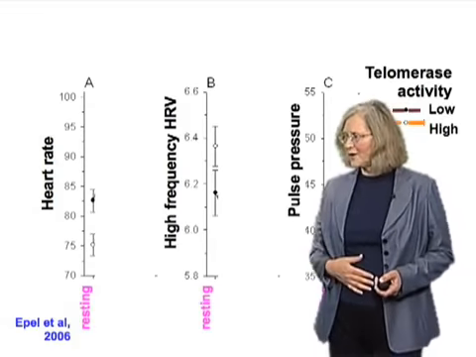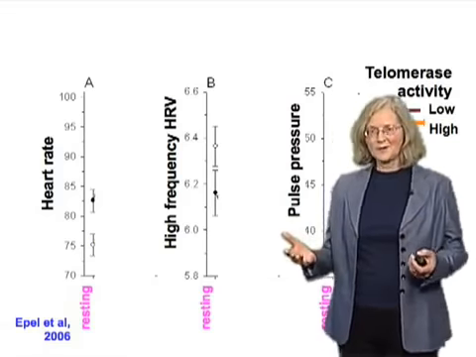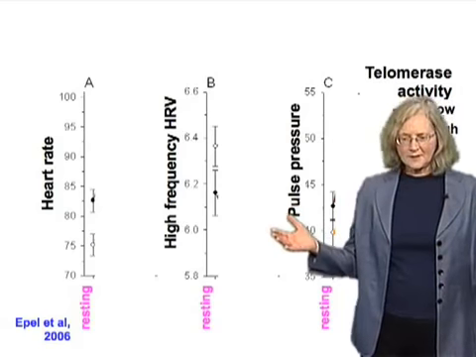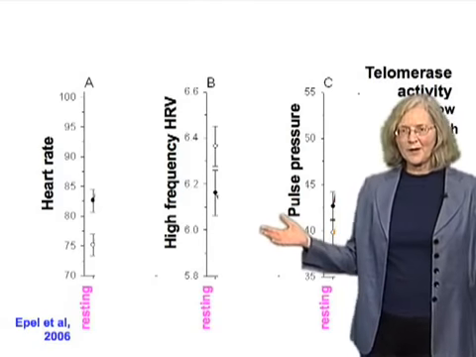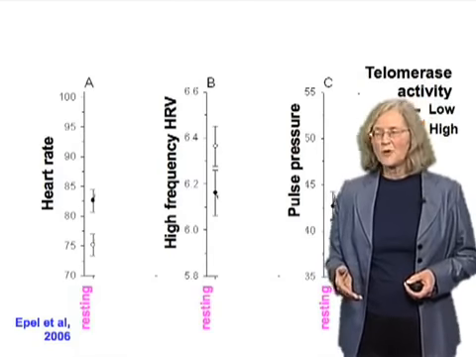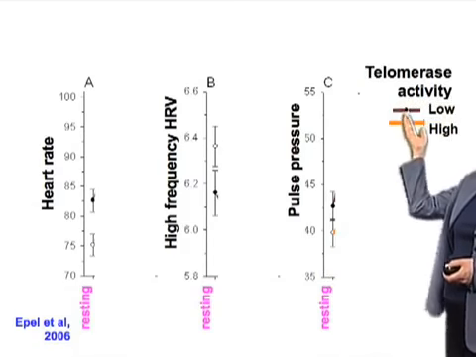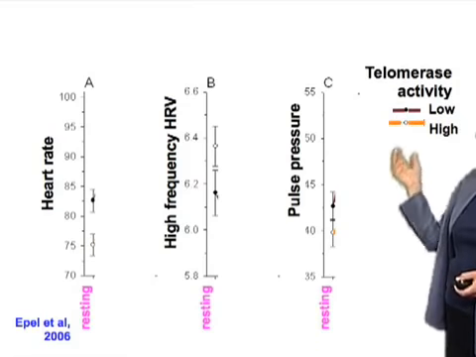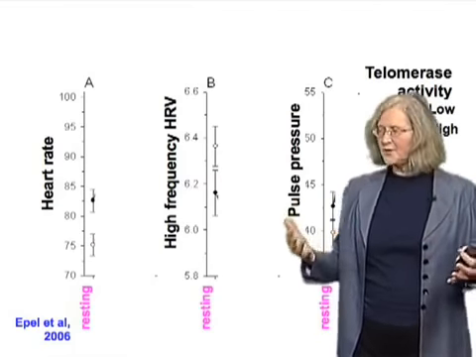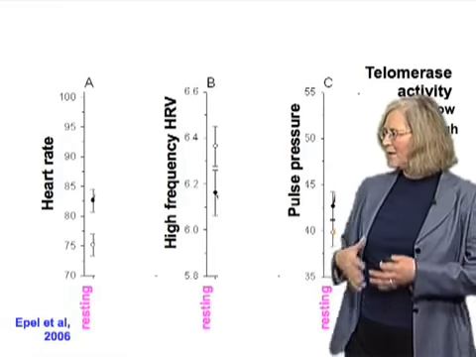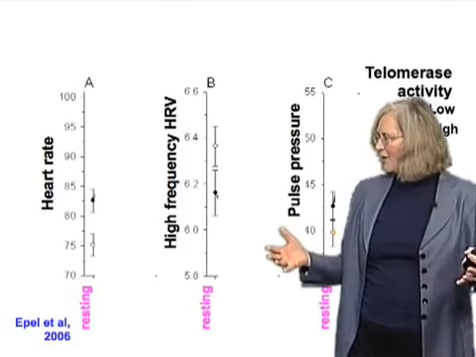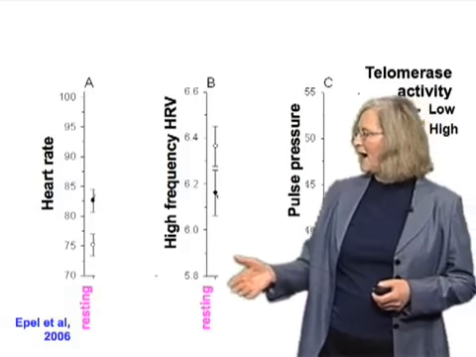Here's a very interesting observation for heart function. One can take all the telomerase activity numbers for the entire group and simply divide them down the middle. It's called a median split, into those who have low telomerase and those who have high telomerase. Now, some laboratory analyses of these individual participants were done. People sat for half an hour or longer, and then their resting heart rate was measured.